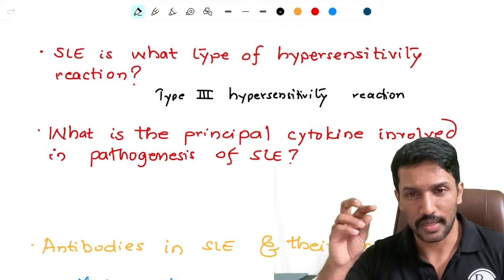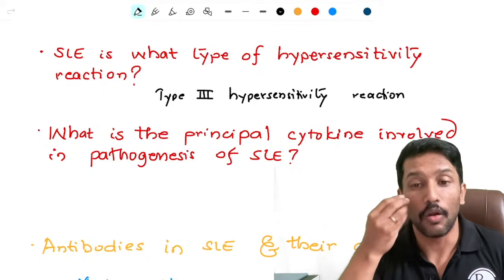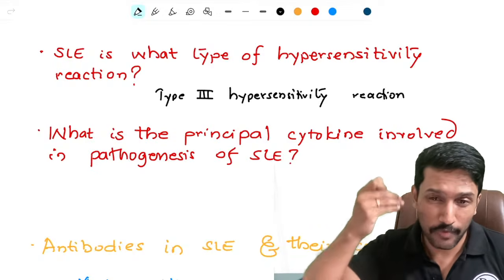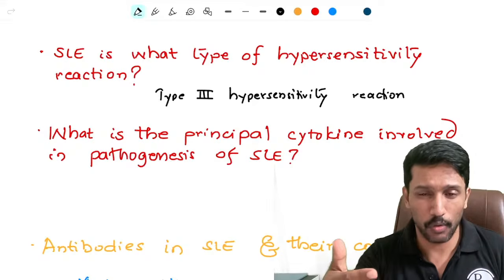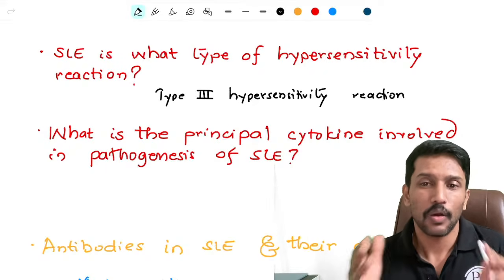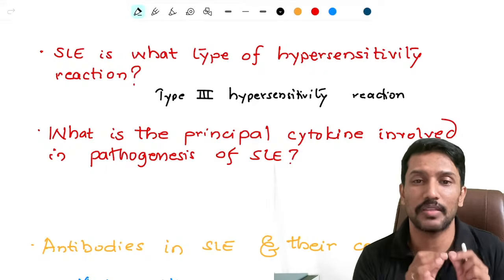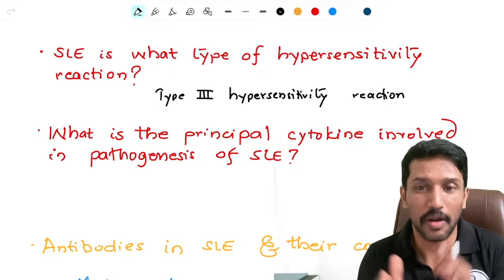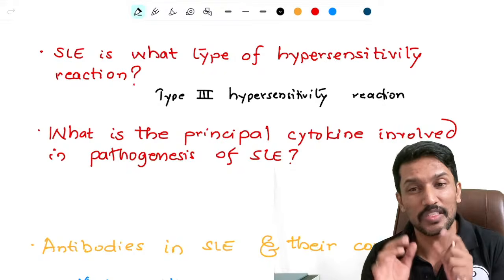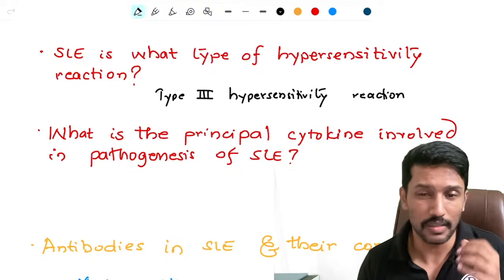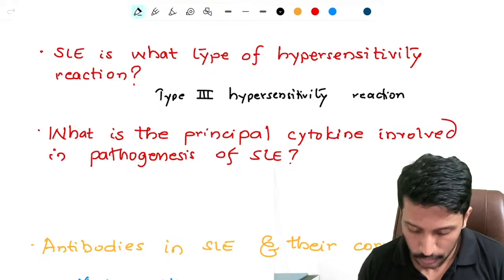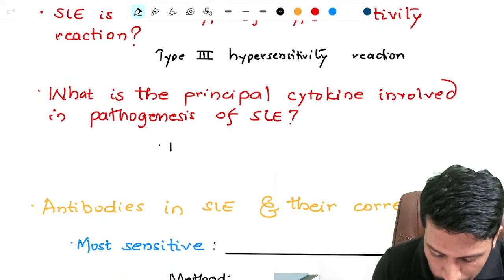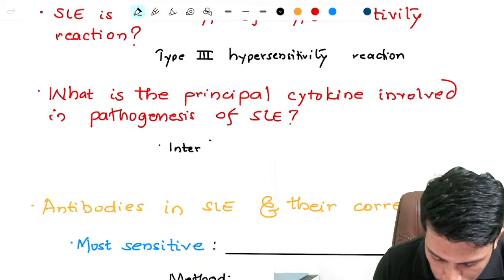Now these complexes, let us say, are deposited in the kidney or the skin. Once the immune complex got deposited, the body will send an inflammatory response. This response is spearheaded by one leader. That leader is the principal cytokine. Just like if there is a battalion of army, there is a commander in front of it. So who is that principal commander responsible for causing the tissue inflammation? The principal cytokine involved in the pathogenesis of SLE is going to be interferon 1.